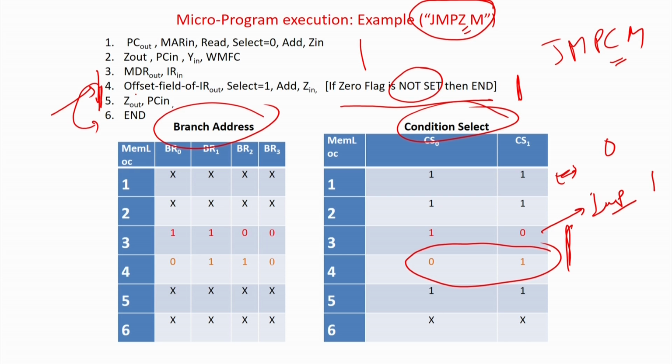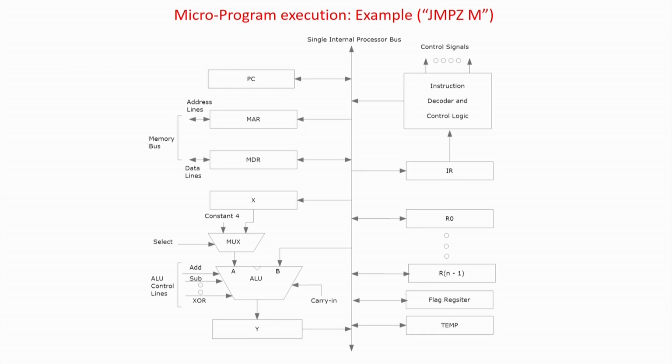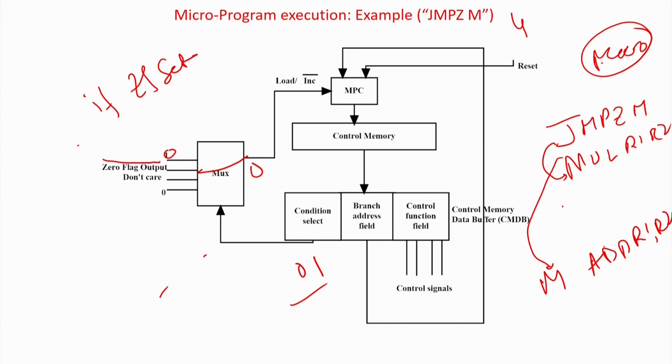That means the program counter will now have the value of Z, which means in the macro program level, the program counter is now pointing to M. Now if the 0 flag is not set, that is the value of the 0 flag is now equal to 0, then you are going to have a 1 over here.